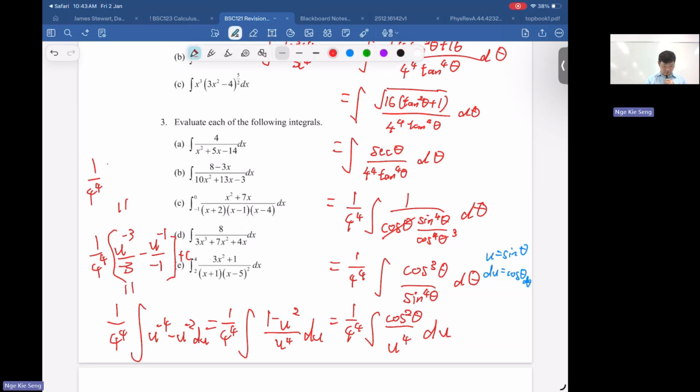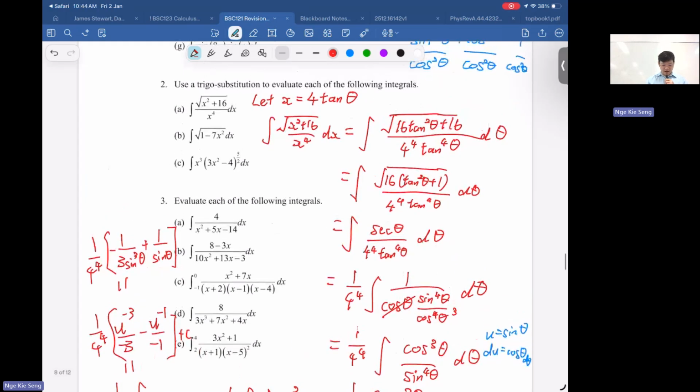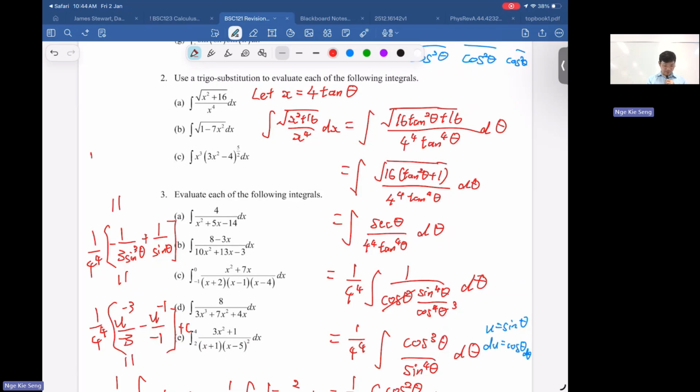So maybe, did I get the sign wrong? No, right? Again, theta is not enough because we do another substitution, so you need to substitute all the way back.